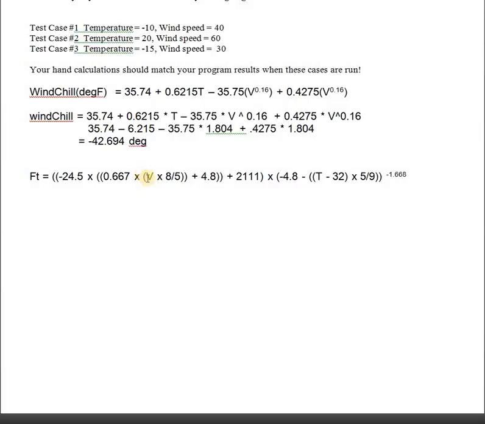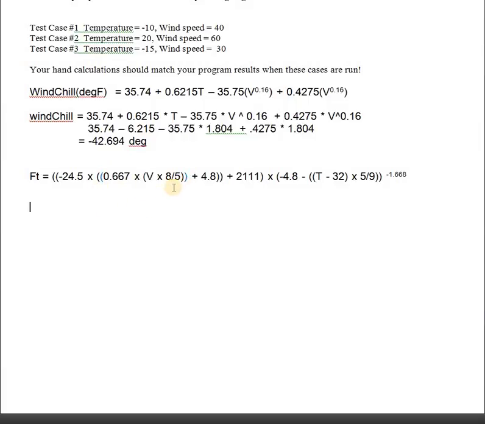So here's what I do. I start at the inside. V times 8/5, okay, I'm going to leave that as black. But the next parentheses out, which is this one, I'm going to make blue so I can see that it's different, and that one matches right over here.